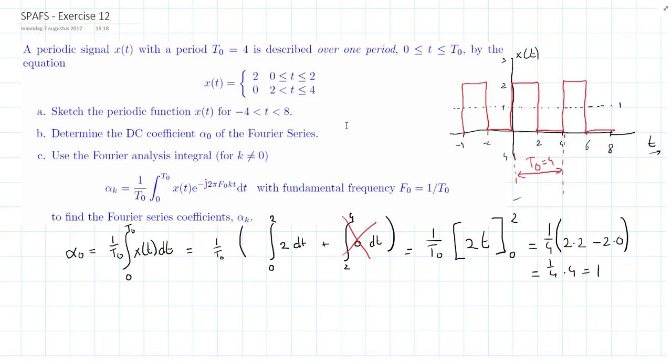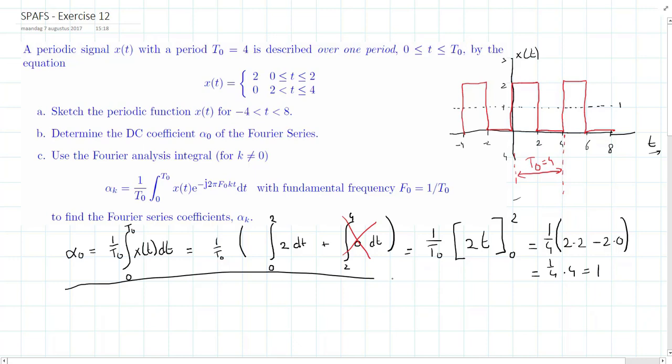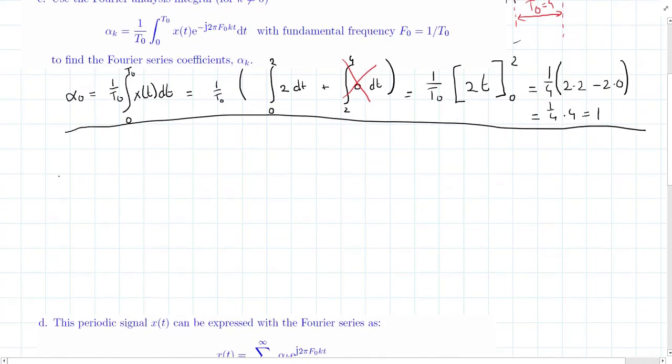For exercise C, we have to use the Fourier analysis integral for k unequal to 0 to find Fourier series coefficient alpha k. So the only thing we can actually do in this exercise is to fill in this integral. So our alpha k is equal to 1 over the period times the integral.